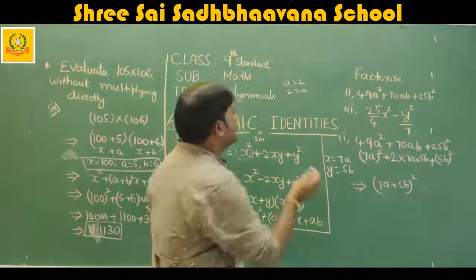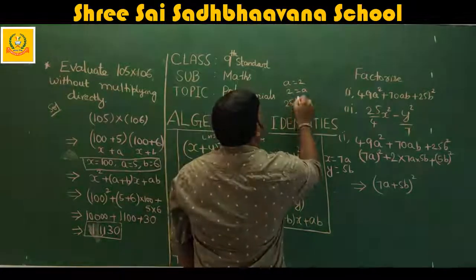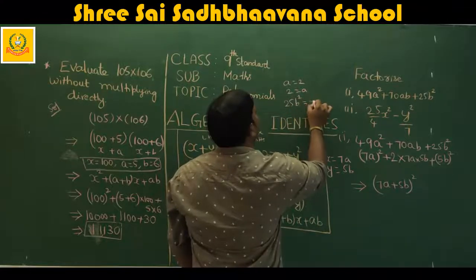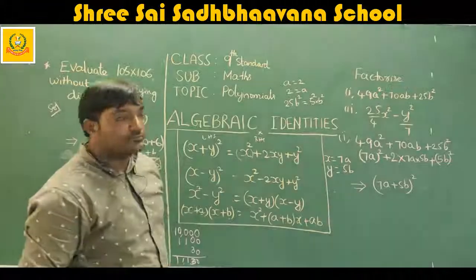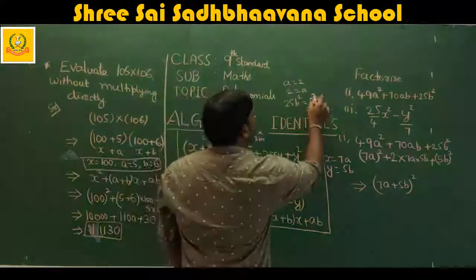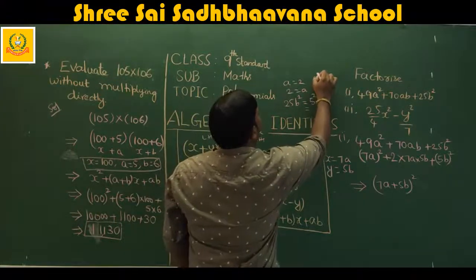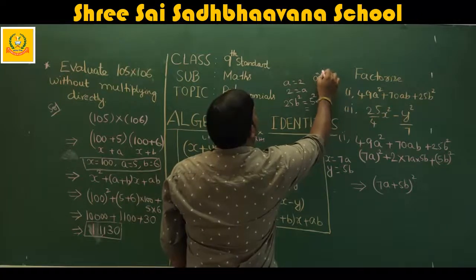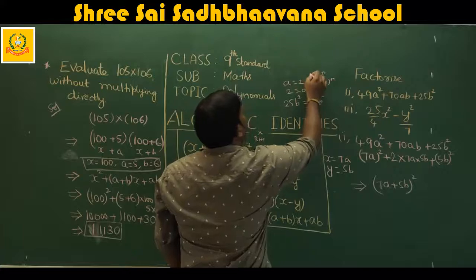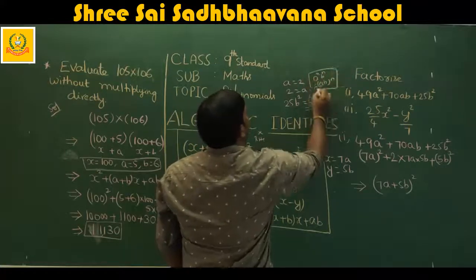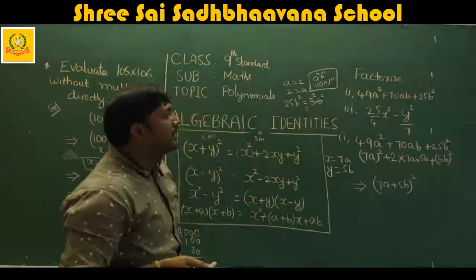25b square can be written as 5 square into b square. Got it? The power is the same, right? We know that a power n into b power n can be written as ab whole power n. You can remember this formula if you have any confusion.